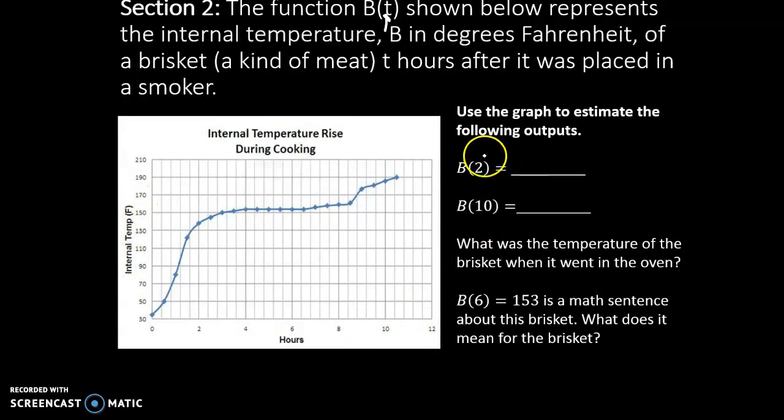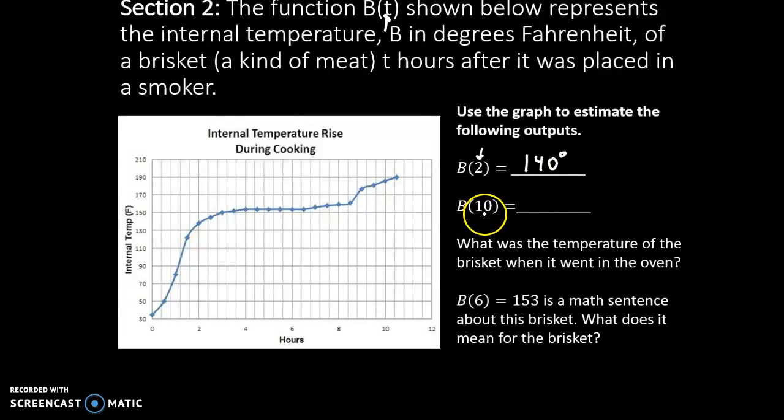Use the graph to estimate the following outputs. B of 2. So B of 2 means 2 hours, and I want to estimate the temperature at that point. It looks like between 130 and 150, maybe 145, maybe 140, a little bit less than 140 maybe.